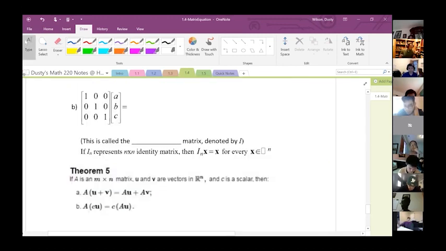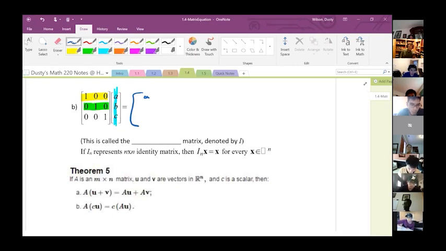So in B, we're going to do the same thing, and take the first row and multiply by that first column. We're going to get 1 times A plus 0 times B plus 0 times C, which is just A. Then for the next component, we take the second row and again multiply it by ABC.